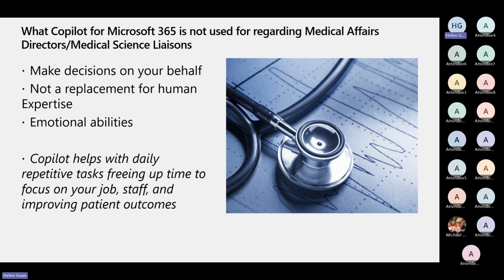It doesn't have any emotions, so it's not here to read your mind or guess what you were thinking about. Copilot responds based on inputs and context. It doesn't have any psychic abilities. It doesn't access any personal information. So you still have to have the human interaction and use your human expertise and judgment.